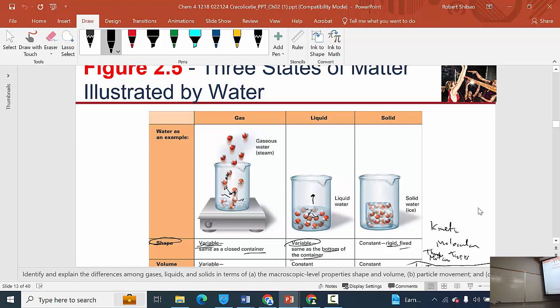But it depends on how stuck it is, because you might be stuck and still able to rotate in place. Water molecules can't. They're really stuck. And so there's no translational in ice.